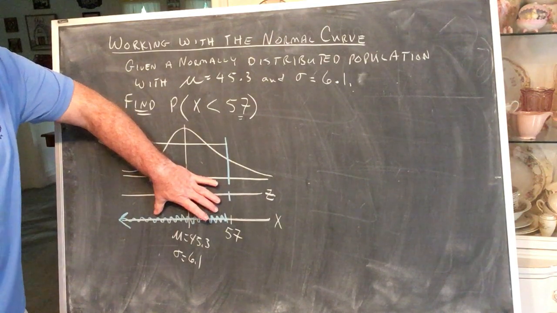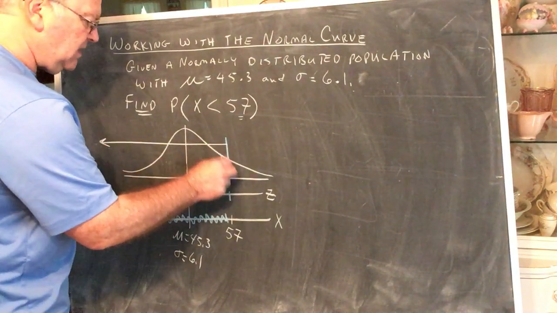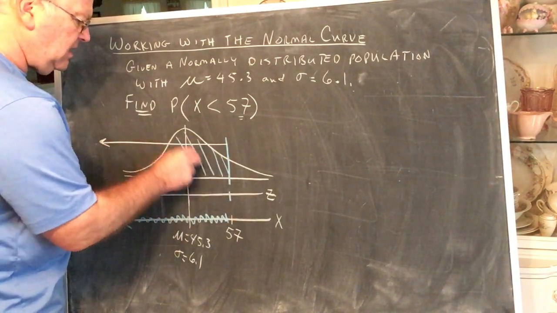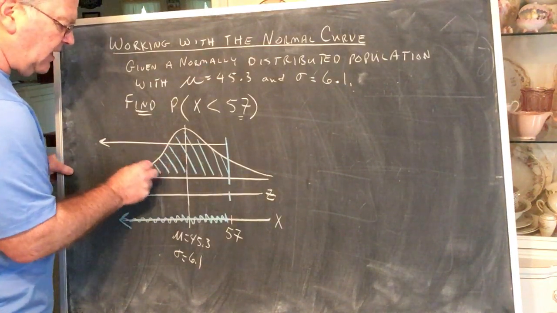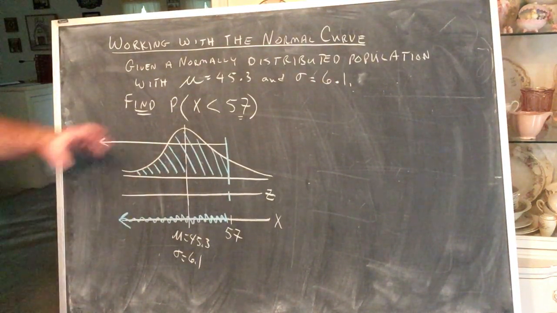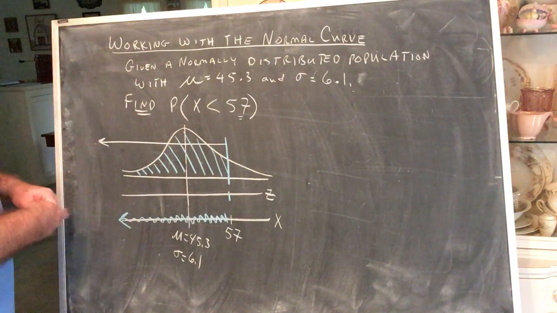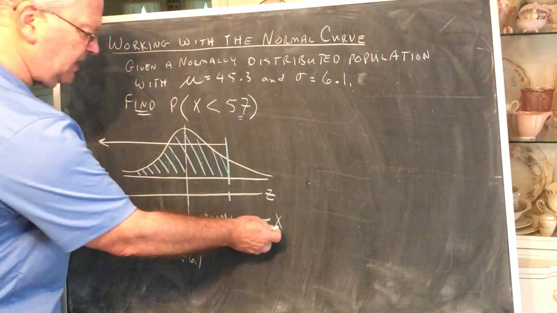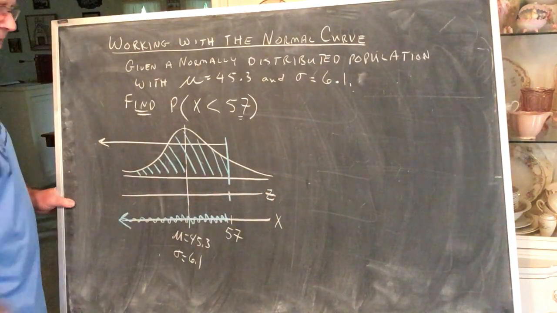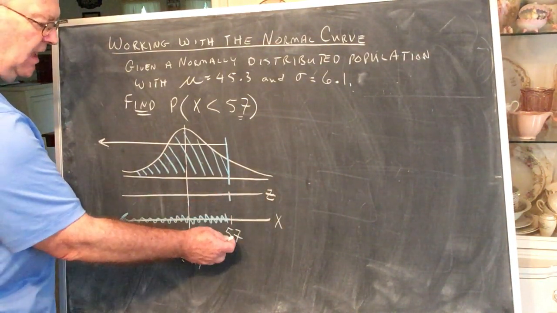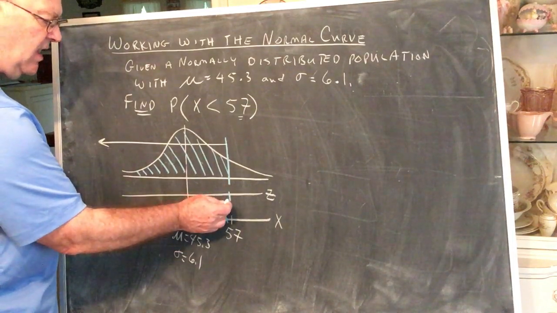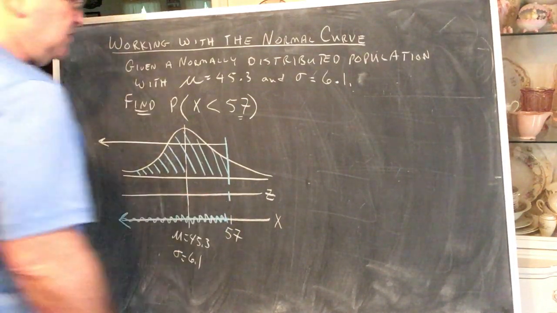The values in this region correspond to that area of the normal curve. So our task now is to find that surface area. All right, so step number one is we need to translate from the data scale x to the standard scale z. Translate from 57 up to this scale, the z scale, and we know the translation form.